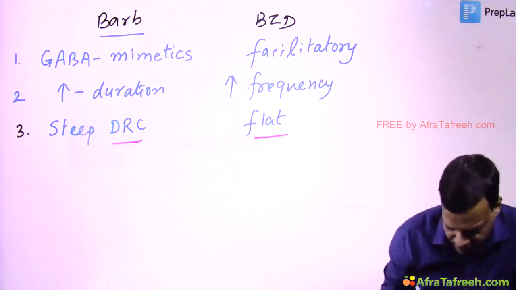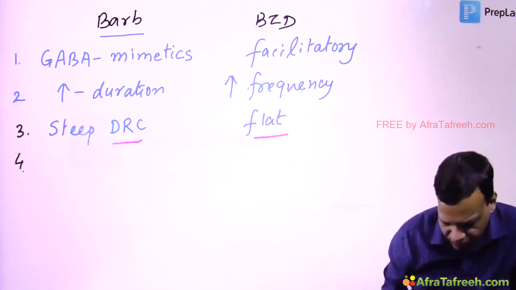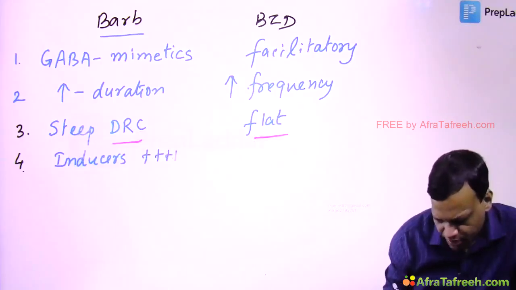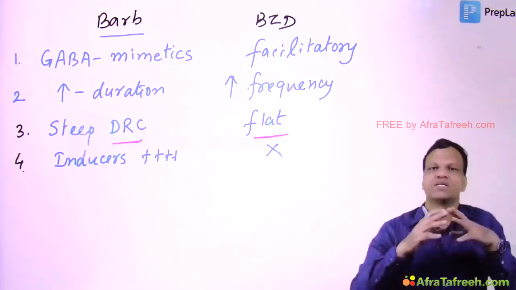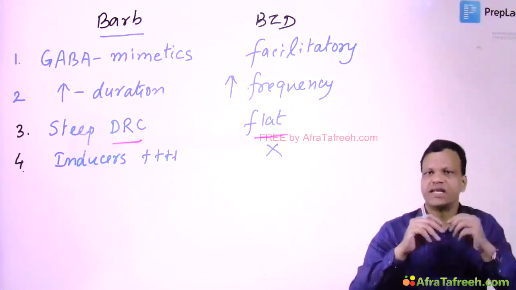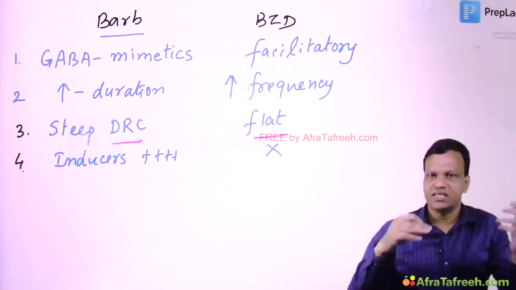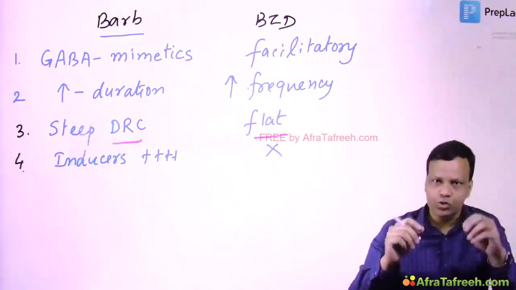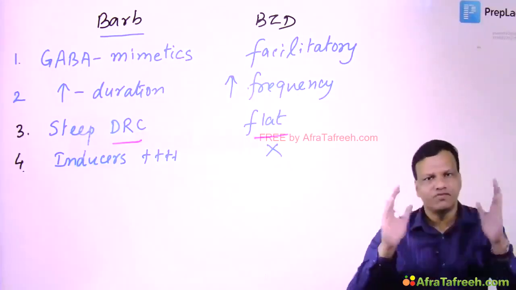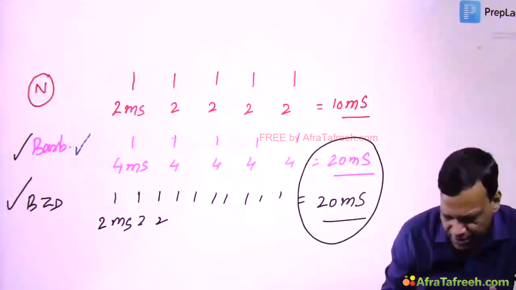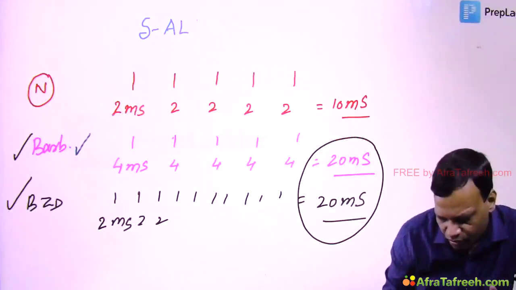Next important difference is, barbiturates are very strong enzyme inducers. Barbiturates induce the enzymes, whereas benzodiazepines do not. So barbiturates are strong enzyme inducers, so that can lead to a lot of drug interactions. They increase the metabolism of many drugs, which may then become ineffective. Then barbiturates induce the normal physiological enzymes also. Like barbiturates can induce an enzyme called delta aminolevulinic acid synthetase.